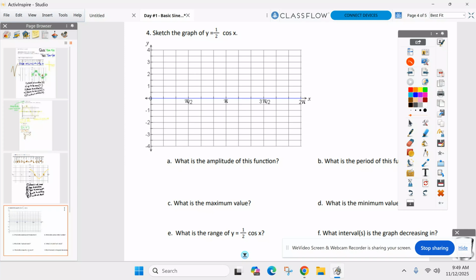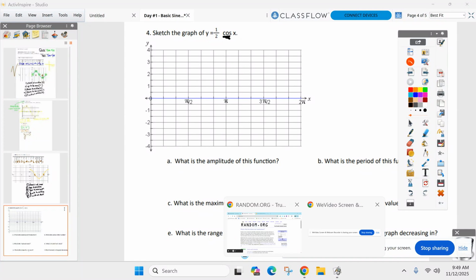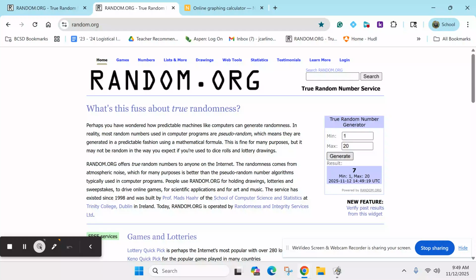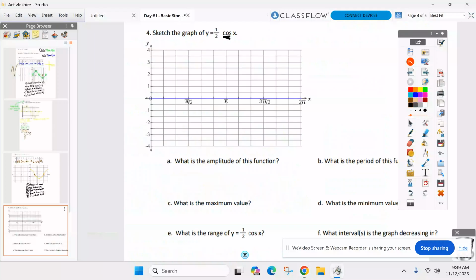Cosine. Where does cosine start? Samir, any cosine curve starts where? Starts at the maximum. Our max is not 1. It is now 1/2. Everyone see the difference? Starts at the max. That's how the number out in front affects the curve.